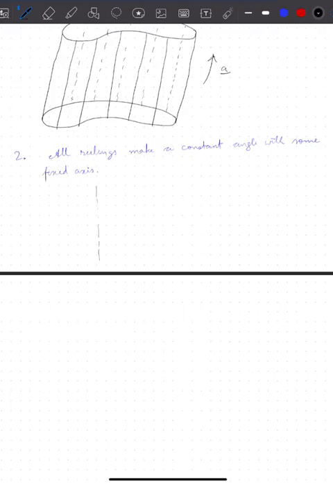We have this axis, and all the rulings make some angle with respect to the fixed axis, and there's our gamma vector as a function of u.